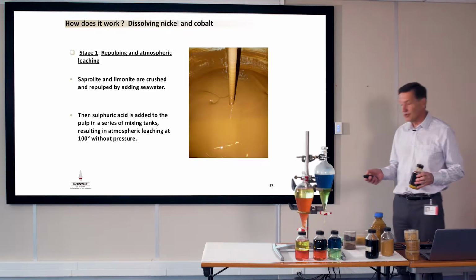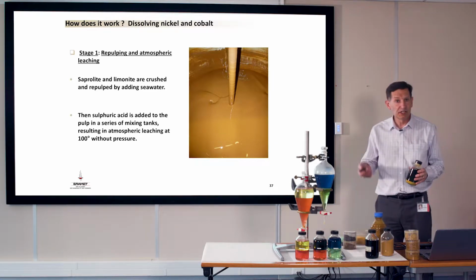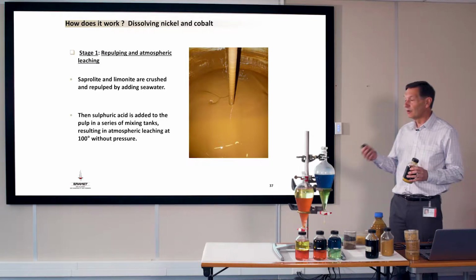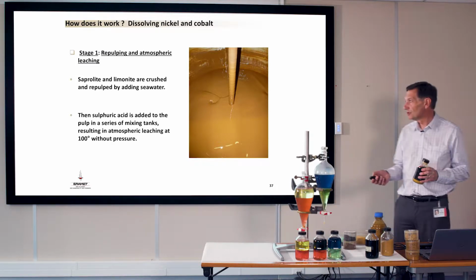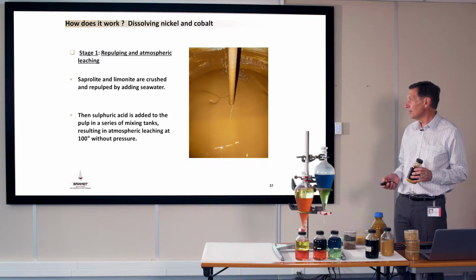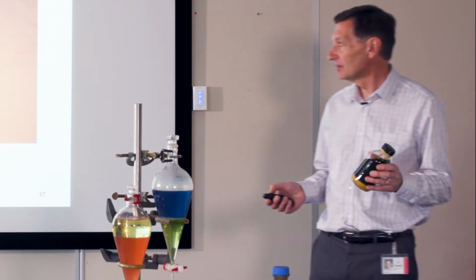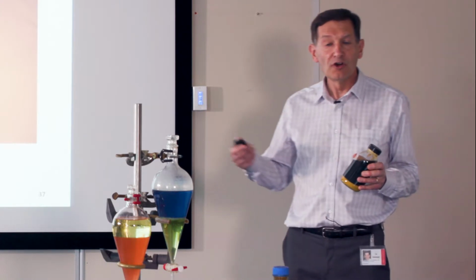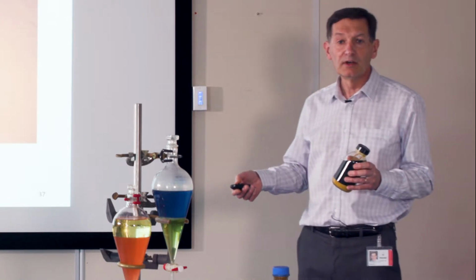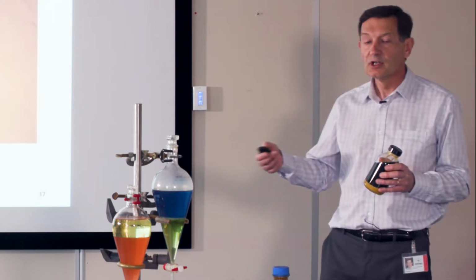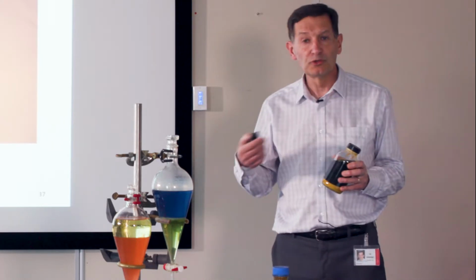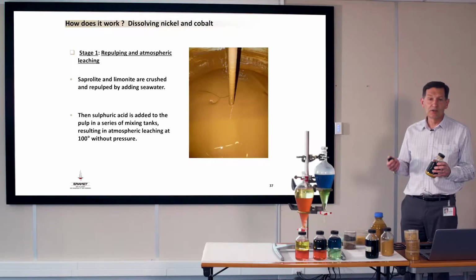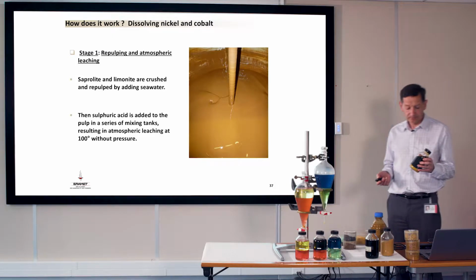By adding sulfuric acid, you dissolve the nickel, the cobalt, the iron. You put all that in solution, and you reprecipitate the iron as jarosite. This operation is done in a series of mixing tanks in order to have a certain time to do the reaction, and at 100 degrees C.